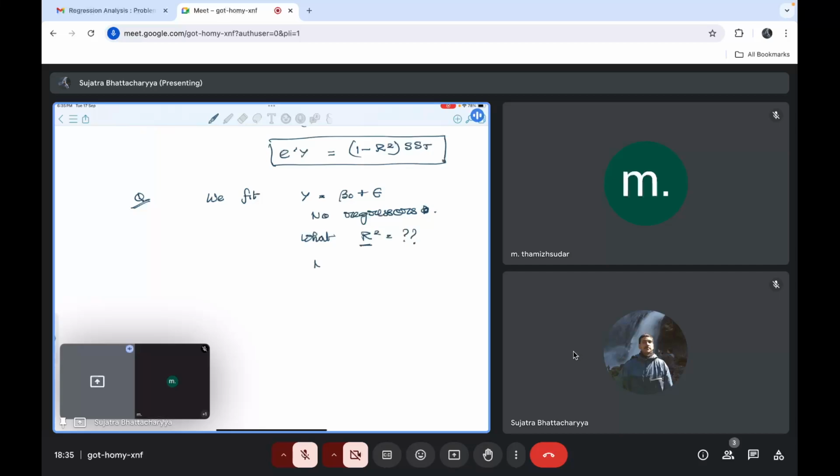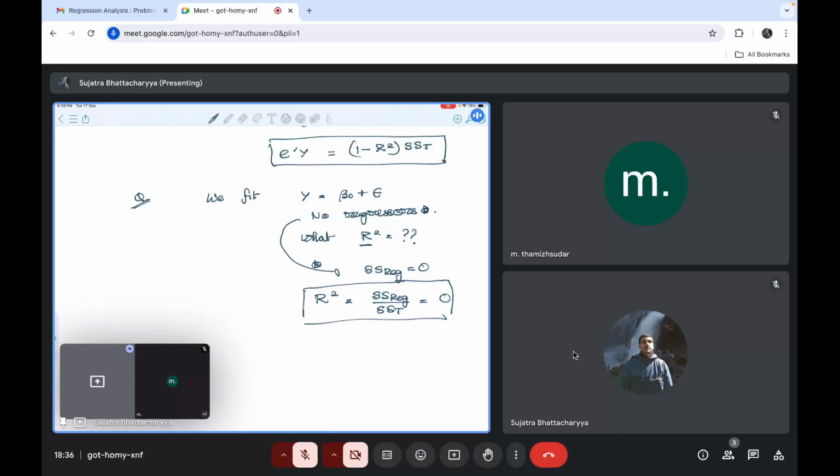No regressors means your SS regression will be 0. R square is SS regression divided by SS total, so R square will be 0 for a no regressor model.